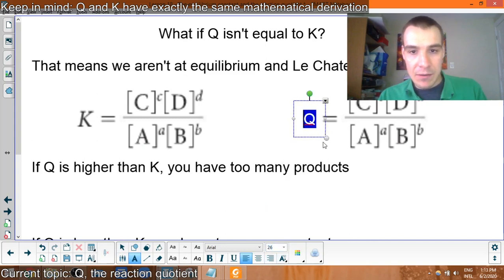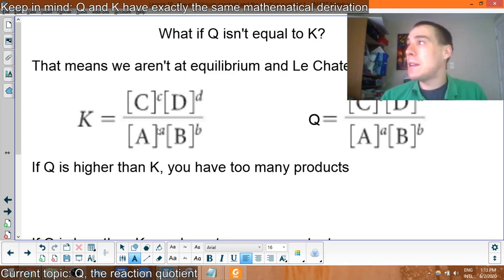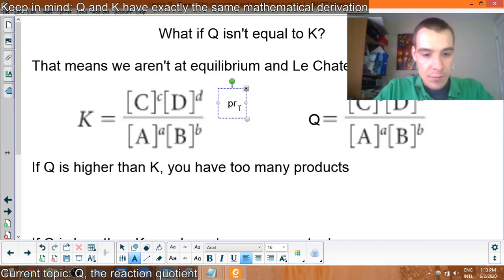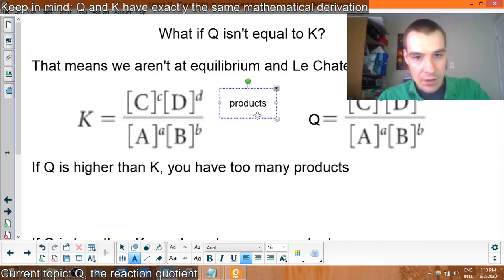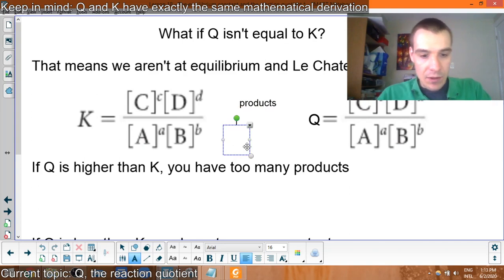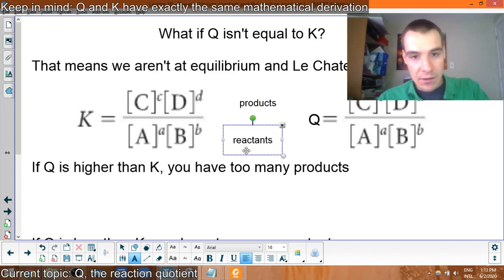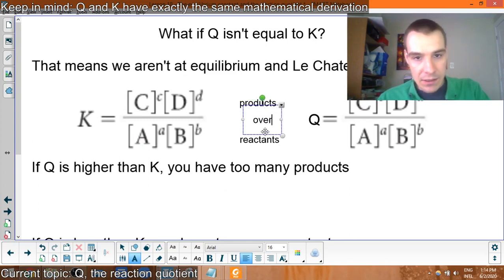We'll make it a bit bigger. There we go. So it's the same. It's calculated exactly the same way. It is products over reactants. Products over reactants.